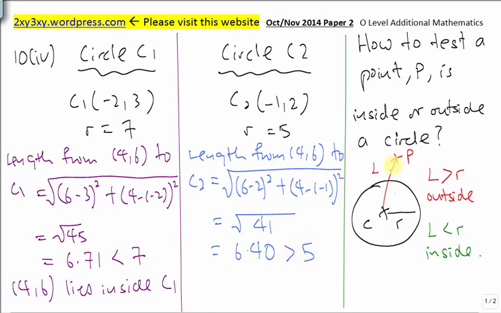So we know that this length here, 6.4, is greater than the radius 5, so the point (4, 6) must lie outside the circle C2. To conclude, since the point (4, 6) lies inside the circle C1 and lies outside the circle C2, therefore the point (4, 6) lies in only one of the circles.